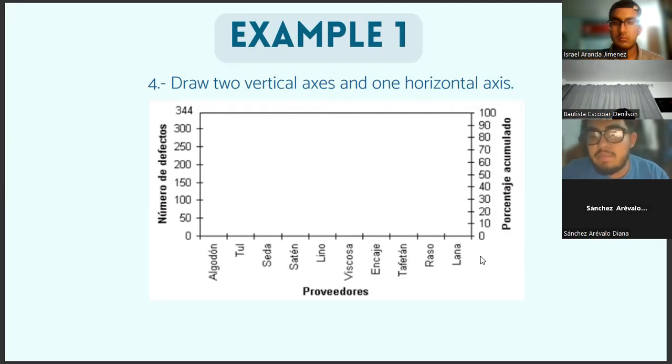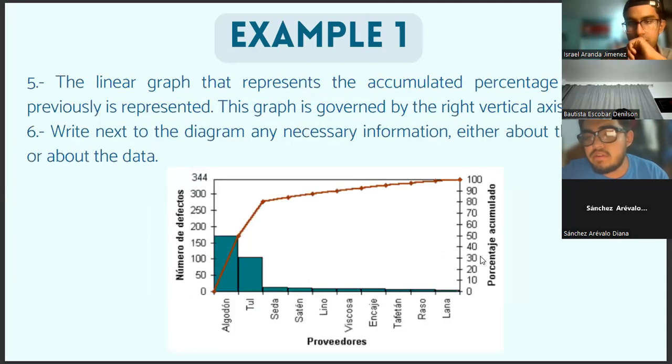The point that represents 100 on the right axis is aligned with the one that shows the total magnitude of the factors detected on the left axis. Finally, the horizontal axis shows the factors starting with the most important. We can see the cotton, the tulle, the silk, the satin, linen, viscose, and so on. Will you go to the next one, please?